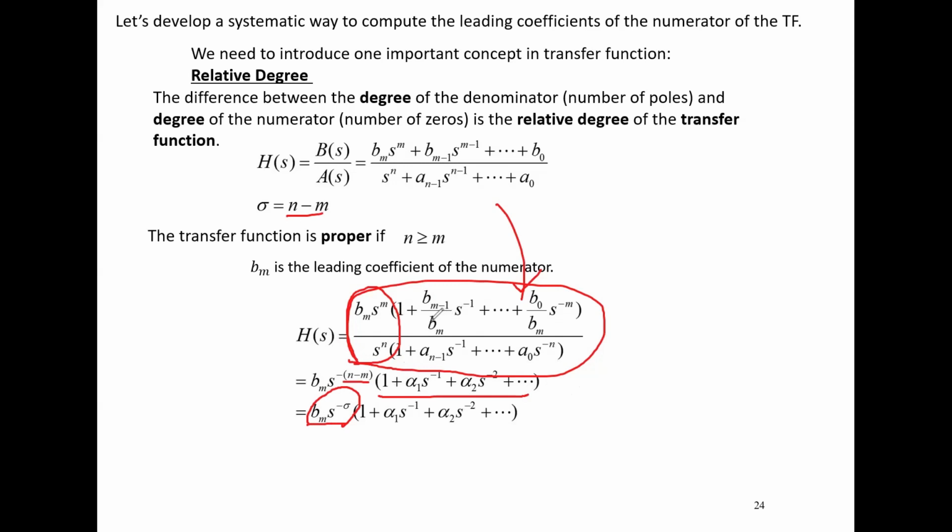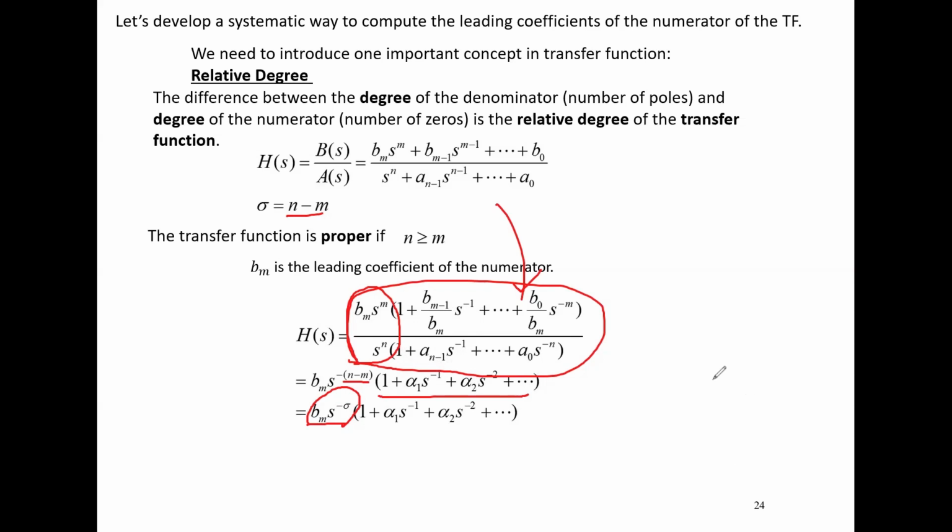We have two polynomials, one is the numerator, the other one is the denominator. How come in this expression we only have one polynomial? And also, you can say that I skip many terms, because this is a polynomial with an infinite number of terms.